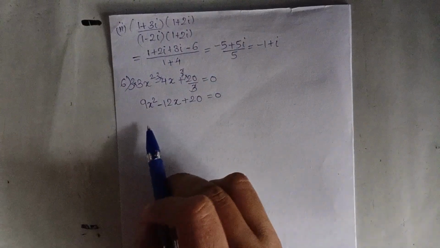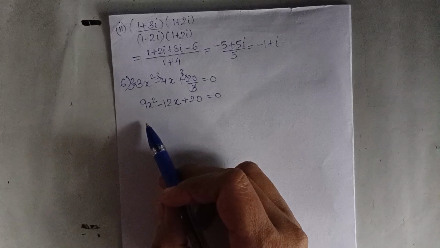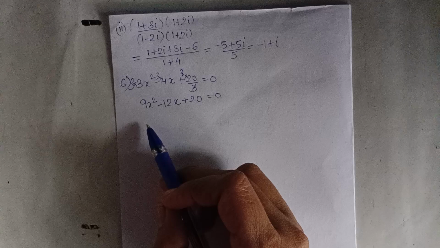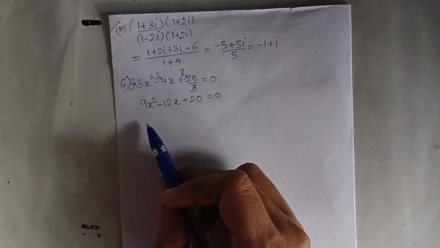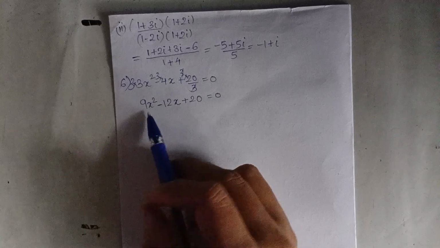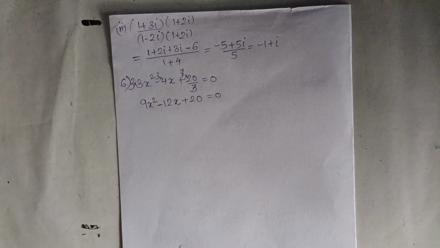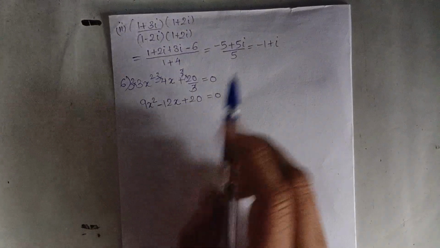Can we reduce this equation? No, 20 is there and 9 is there. So we have a, b, c.